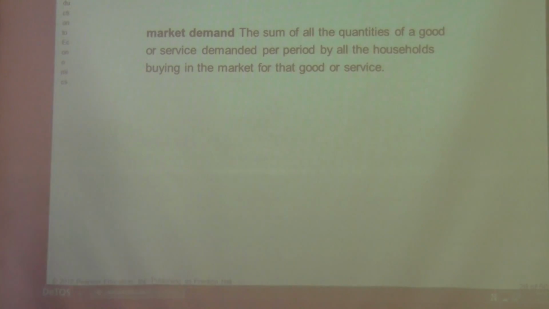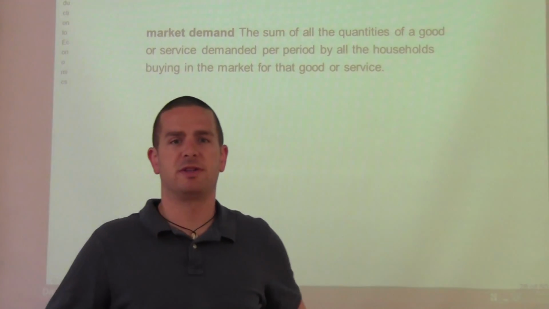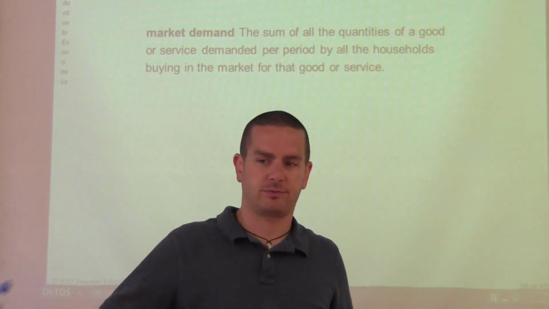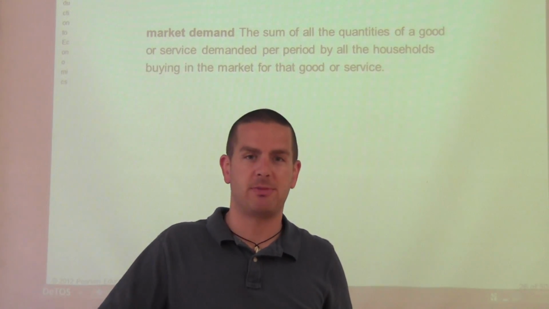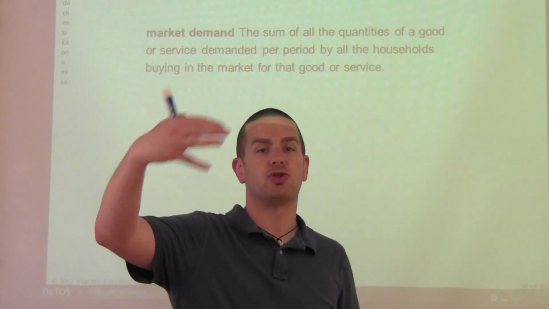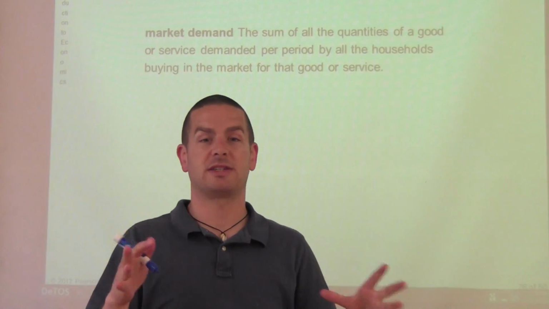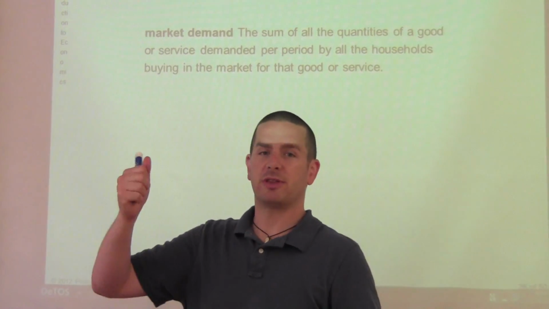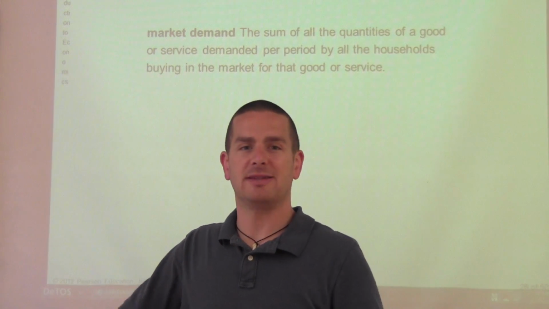Okay. Market demand. Market demand is simply the sum of all demands in the economy. So, if you have my demand plus your demand plus your neighbor's demand plus everyone in Jersey City's demand plus Bayonne plus New Jersey plus Pennsylvania plus the Northeast plus the rest of the country, if you add up all that demand, you end up with market demand, or a concept that we call aggregate demand.